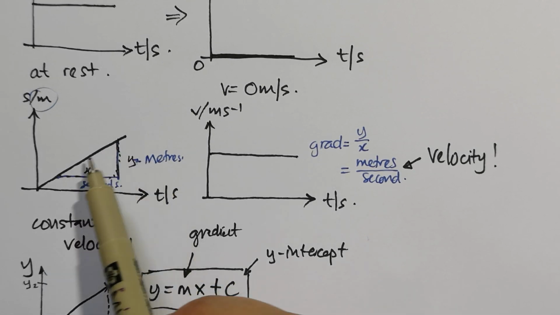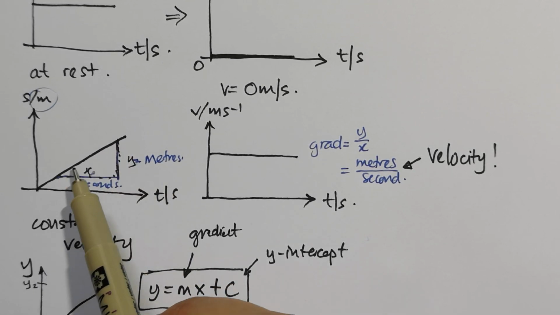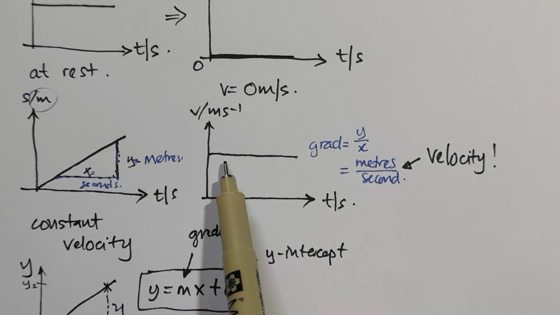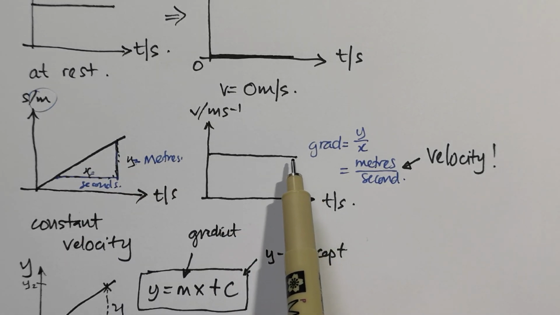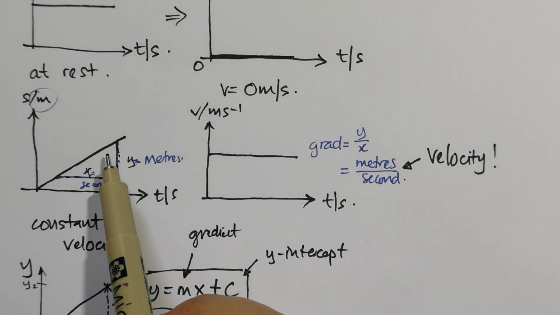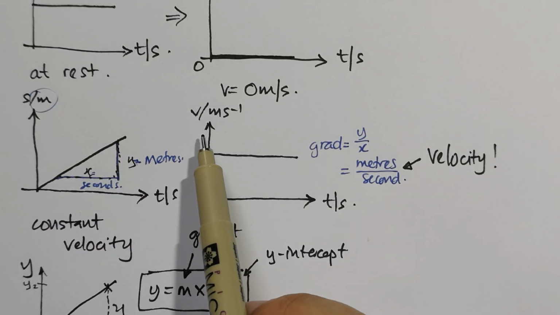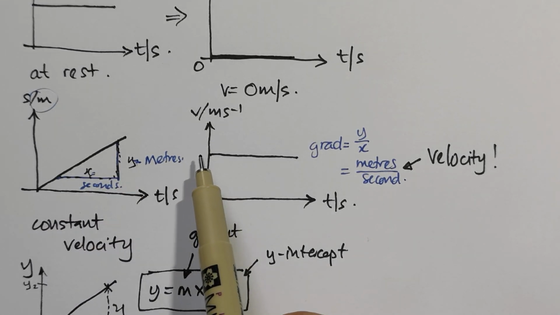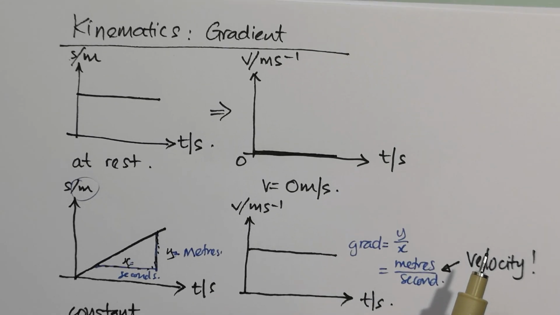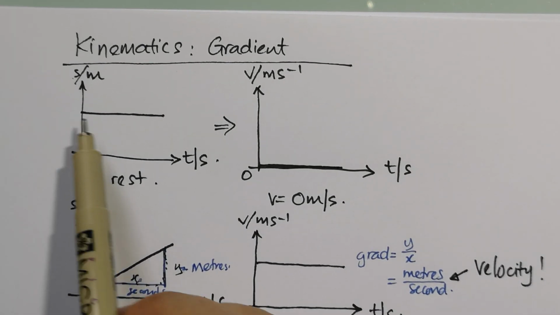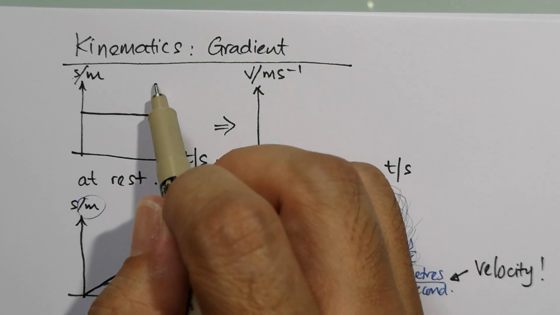There's no curve, nothing. It's just straight, constant gradient, so this is a constant line throughout. So if the gradient here is 5, then your velocity here is 5. So let's bring this up again. It makes sense because now your gradient, there is no y.